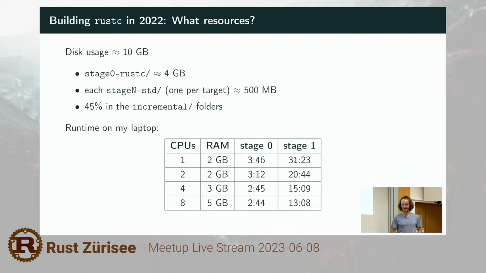But if you have a slower and older laptop with only 1 CPU and 2 gigabytes of RAM, you can also do it. It's going to take half an hour, but it was interesting to know that compiling Rust itself is accessible for everyone.